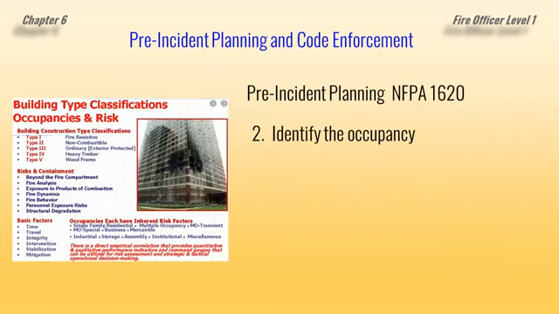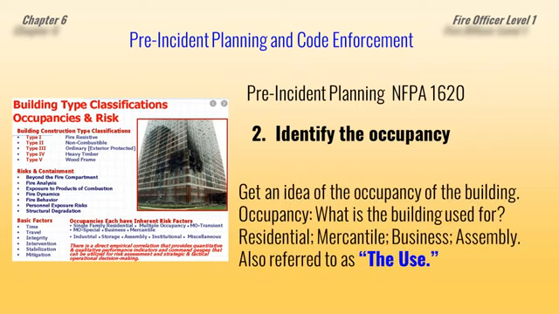Next, we're going to go into identify the occupancy. When we talk about an occupancy of a building, we can say, what is the building used for? So the occupancy of the building is also called the use. Is it a residential building? Is it a mercantile building where they sell things?